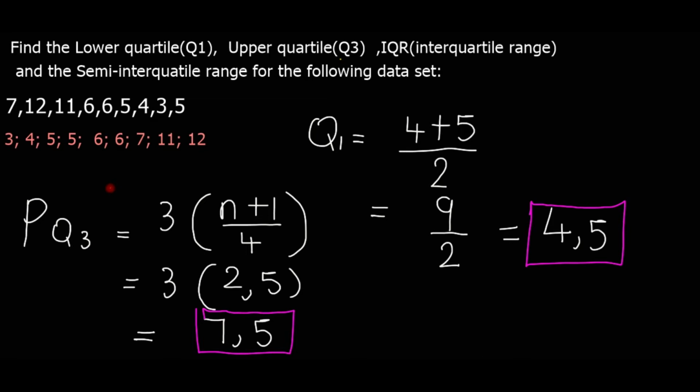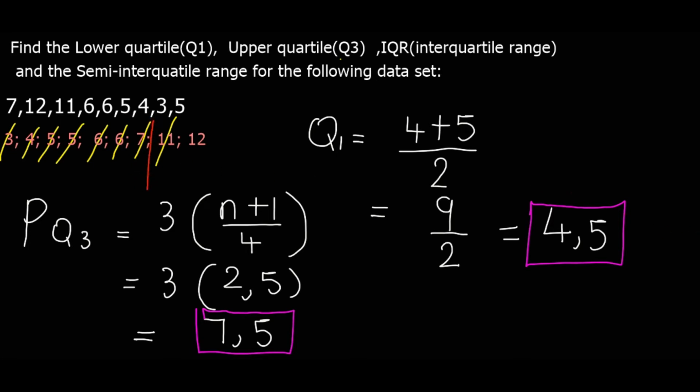We do the same thing, we count 1, 2, 3, 4, 5, 6, 7, and then this one is 8. So 7.5 is between 7 and 11.